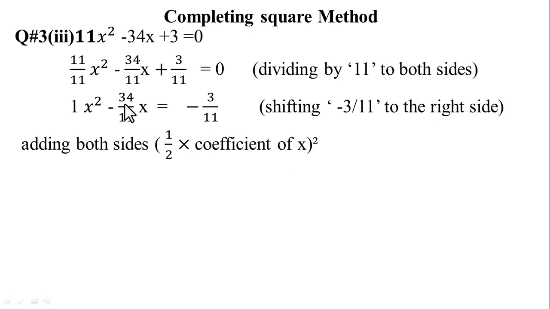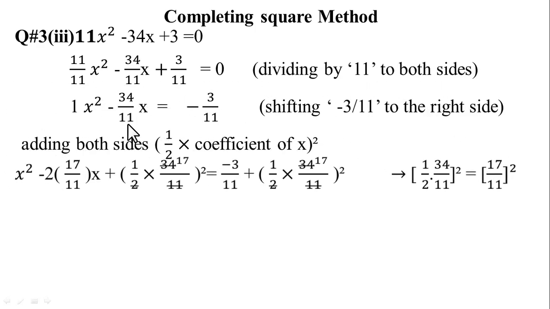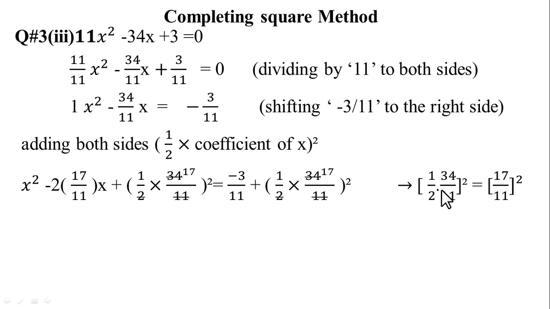The coefficient of x is 34/11, so 1/2 multiplied by 34/11: 2 ones are 2, 2 seventeens are 34, so it equals (17/11) whole square, adding on both sides. Then we write x² - 2·(17/11)x.